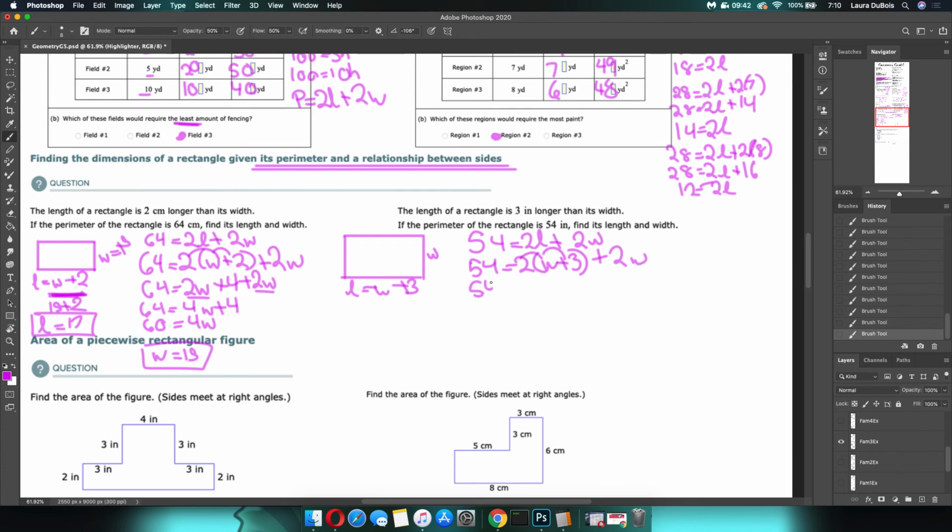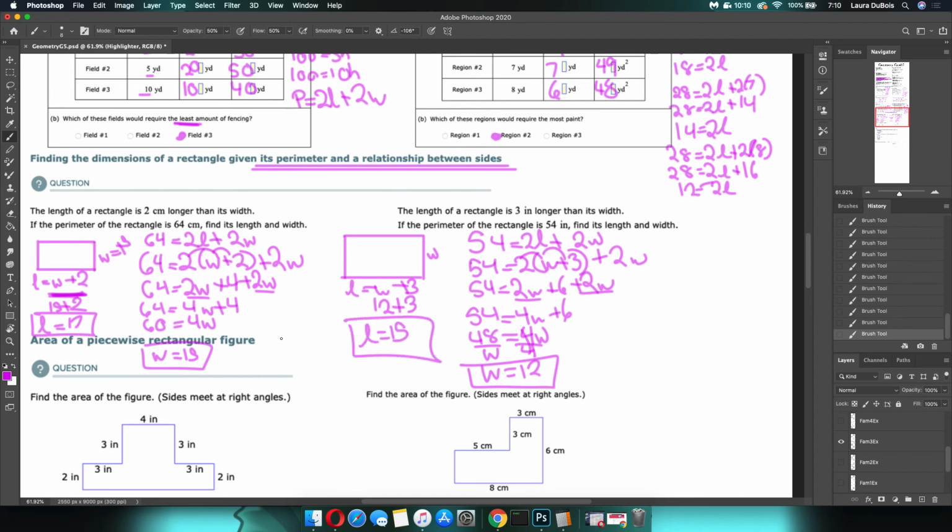Distribute: 54 equals 2W plus 6 plus 2W, like terms. 54 equals 4W plus 6. Minus 6 minus 6, 48 equals 4W. Divide by 4, W equals 12. Haha, I have space. W equals 12, and now what is 12 plus 3? The length is going to be 15.